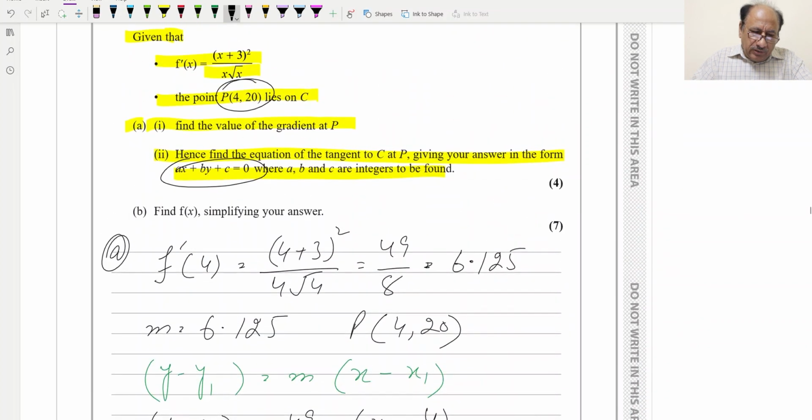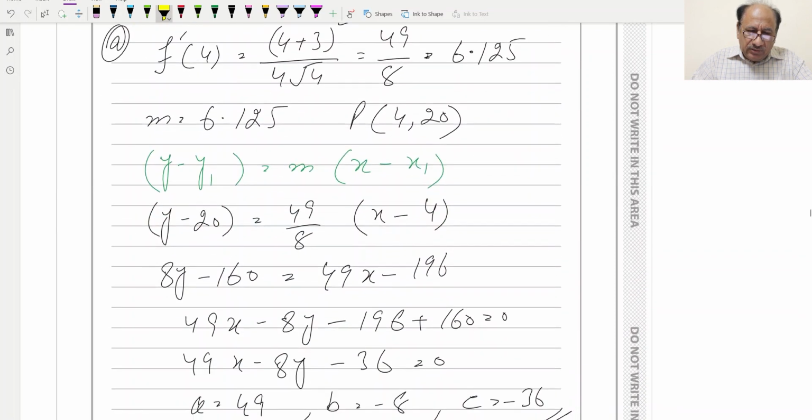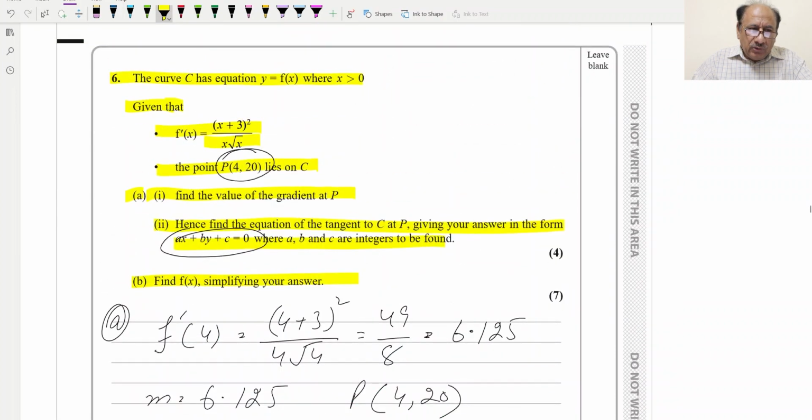Now part C says find f of x, simplifying your answer. So we need to find f of x. For f of x, we will have to integrate the given equation.